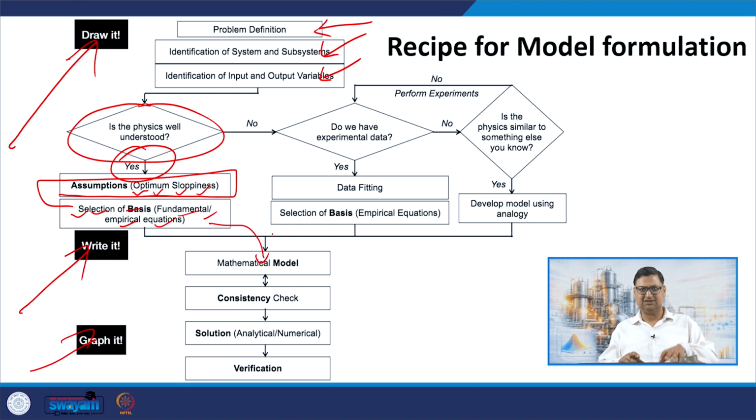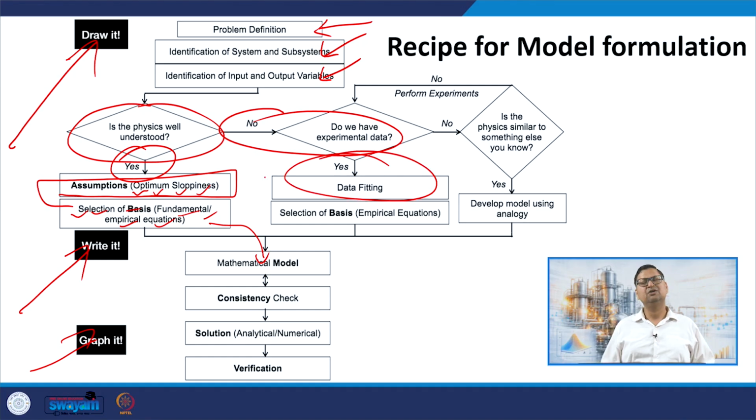I will come to the other steps in a minute, right? But let us go back to the flow sheet and ask ourselves what we will do if the physics is not well understood. So in that case, my question is, do I have experimental data? If we can perform the experiments or if we have the data available, then probably we can take the empirical model approach, whatever I demonstrated to you.